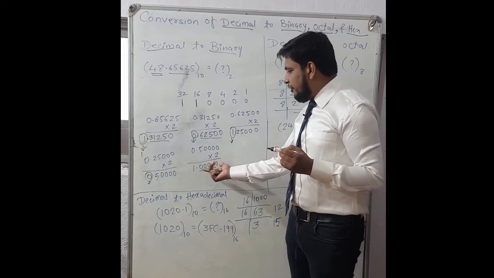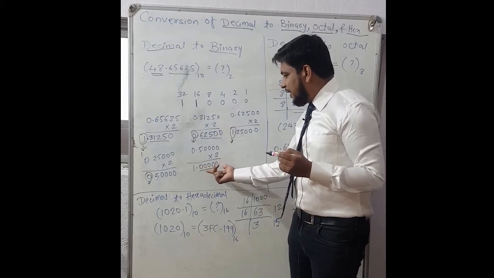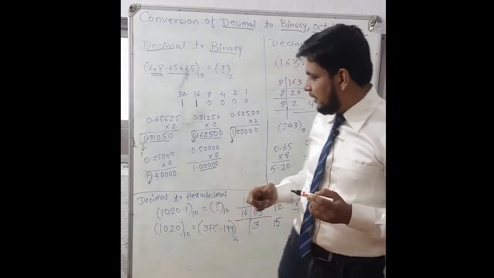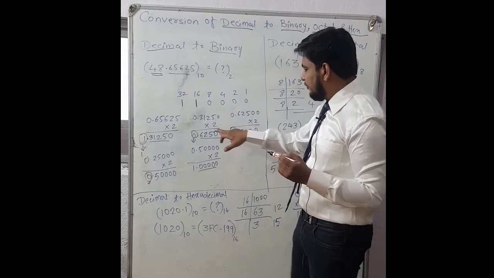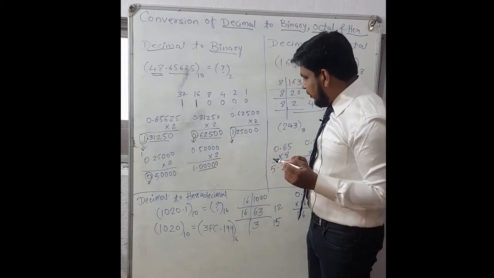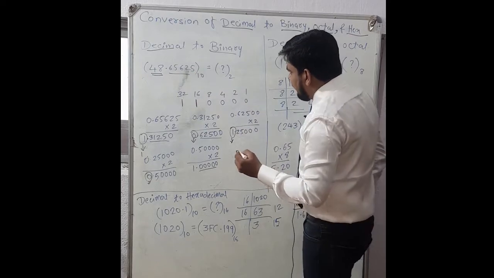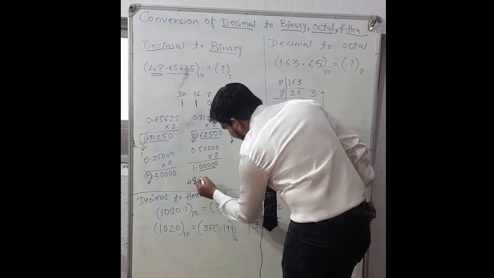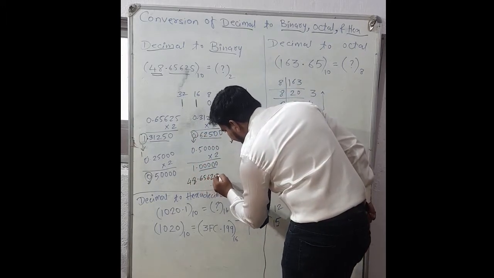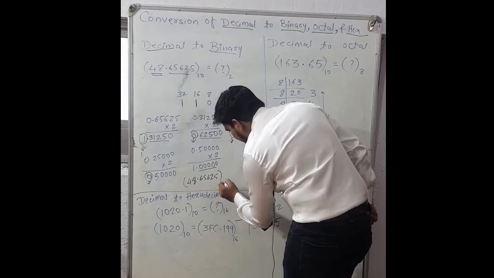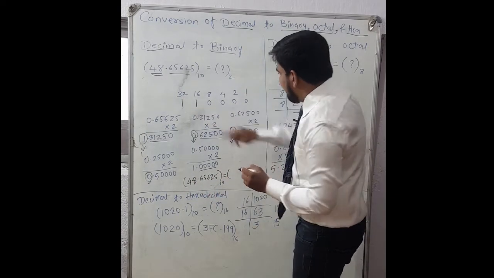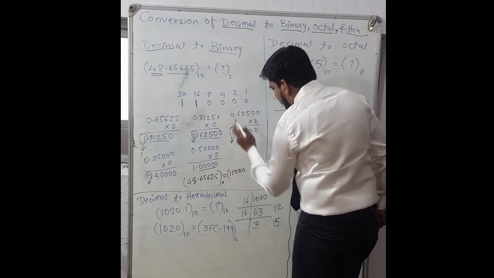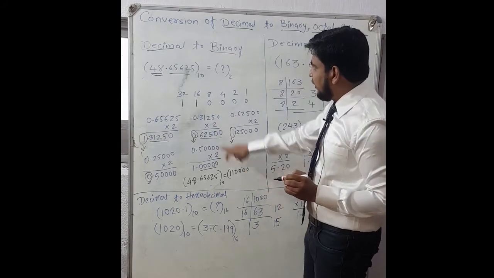If the fractional part does not become 0, then depending on the accuracy, we can decide the number of bits to consider from the carry point of view. So for the decimal number 48.65625, the binary equivalent is: 110000 is the binary equivalent of 48.